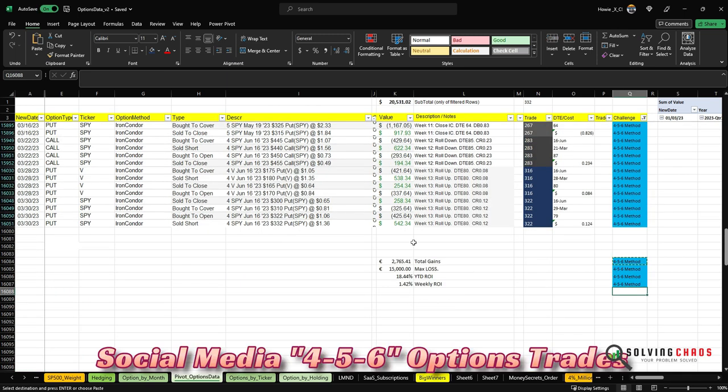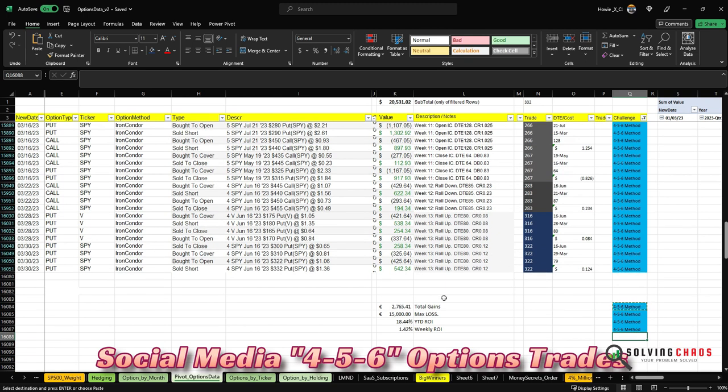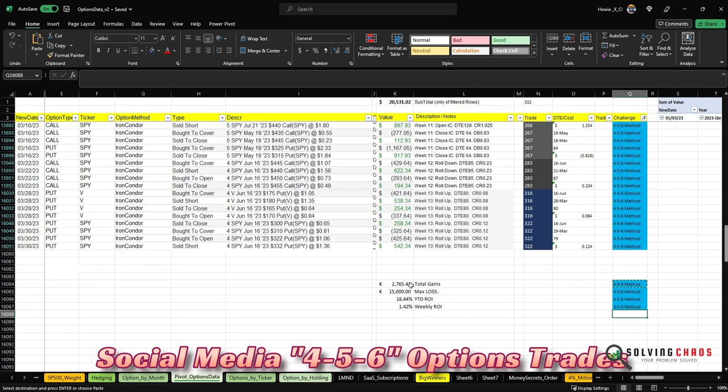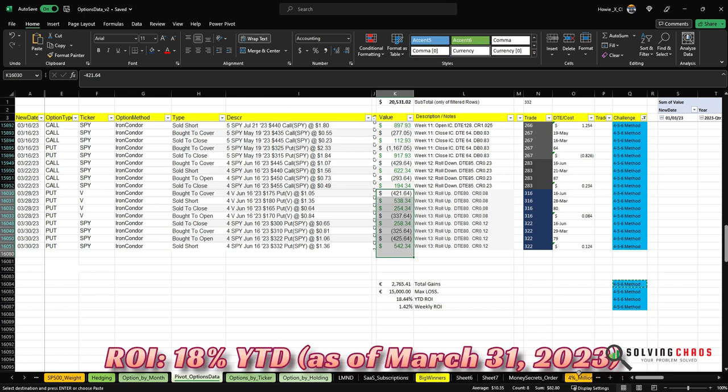The first thing we're going to do is take a look at 456 method, and I put a filter on 456, and this is what it looks like in week 13. I made 82 bucks, but for the year you can see I made about 18%, which is about 1.42% for the year.